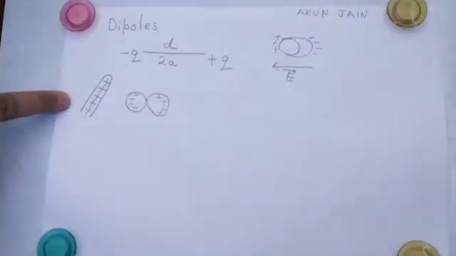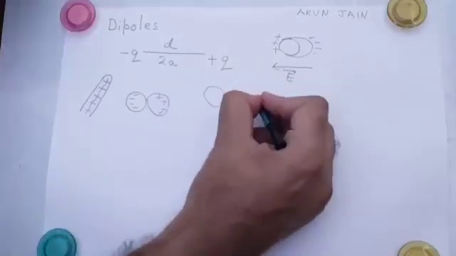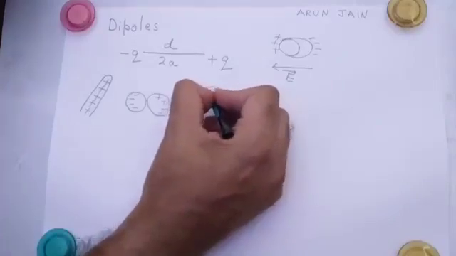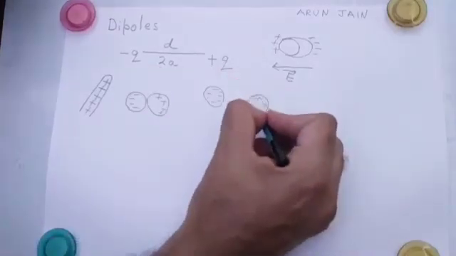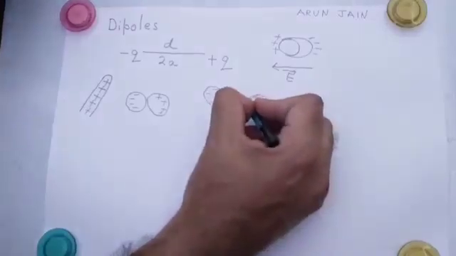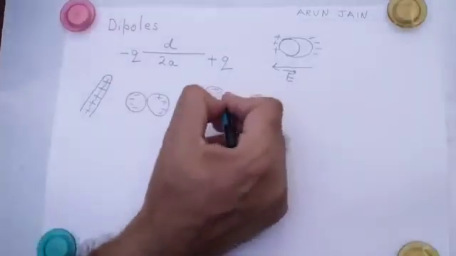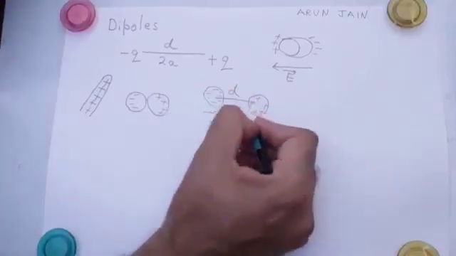Keeping this rod in place, we'll separate the two spherical conductors. So this minus charge will remain on this sphere and this plus charge will be here. Both the charges will be uniformly distributed on the outer surface, and now we have got a dipole, equal and opposite charges separated by a distance.